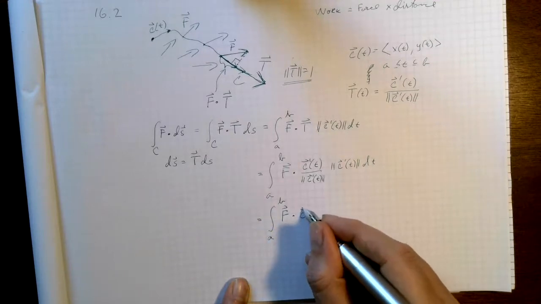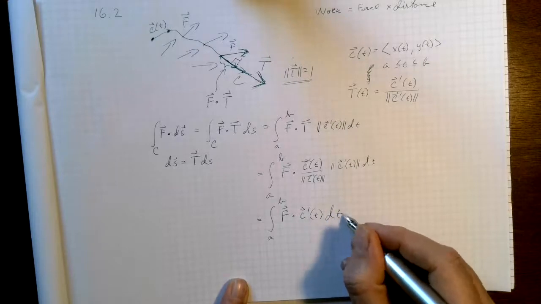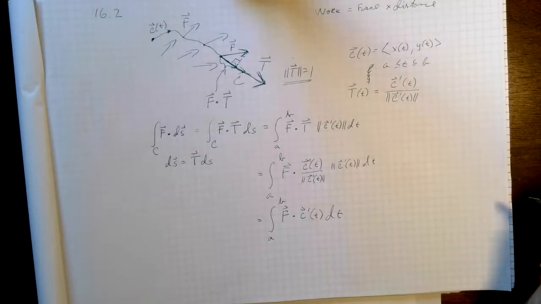The way you compute it is u dot f is the velocity, right?